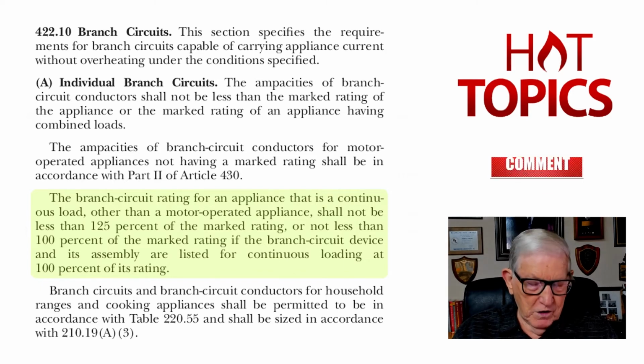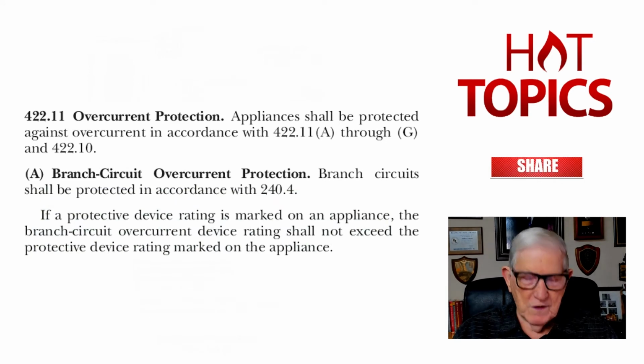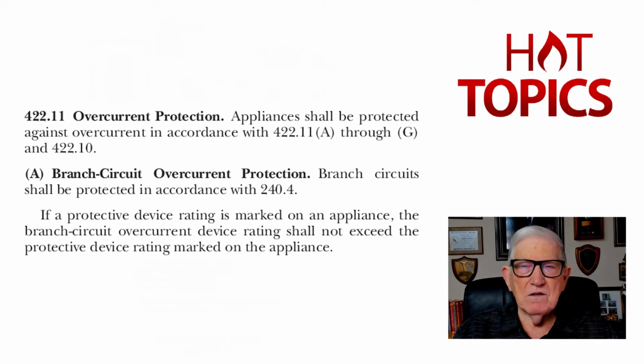And then the overcurrent protection is 422.11, and let's just look at (A). And it says your branch circuit rating has to comply with 240.4. So we're in 240.4. We either protect the circuit or we're going to figure that continuous duty, size the conductor, and move up to the next size overcurrent device.